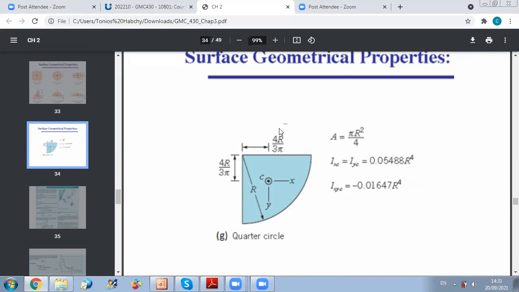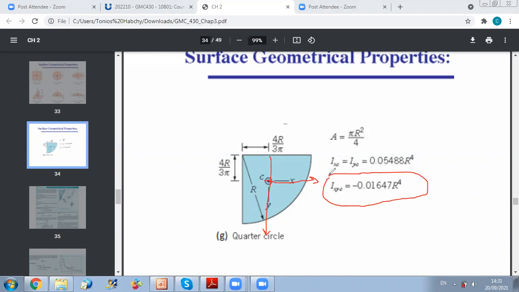For example, here for a quarter of a circle, the x-axis passing through the center is not an axis of symmetry, and also the y-axis is not an axis of symmetry. So in this case, Ixy will be different than 0. You should know that for some surfaces, even if they don't have an x or y axis of symmetry, the integral of xy will be 0.